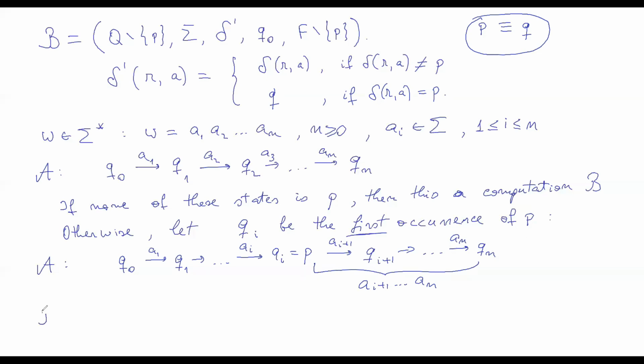So in my automaton B, I can simply just do this computation. I go through the same states. None of this is P because this is the first time I had P in this sequence of states. And whenever my automaton A was attempting to visit P for the first time, I'm actually going to visit Q. And then from Q, I'm going to just run the computation on automaton A with this input word.